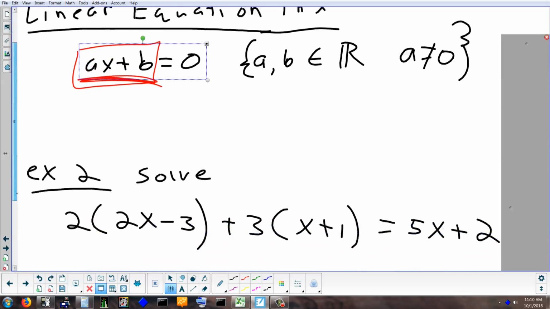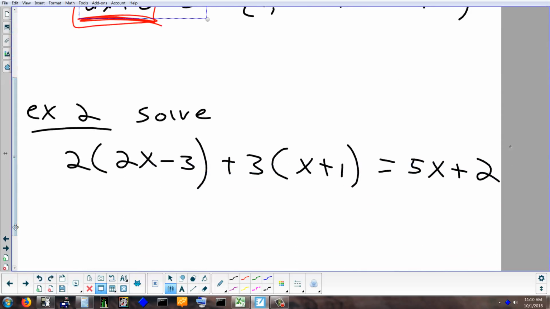Okay, so let's solve that and see what we get. So Emily, what would be my first step? I might have to do this property a couple times. Distribute the 2 and the 3. Yeah, distribute the 2. And you said also to distribute the 3. So 4x minus 6 plus 3x plus 3.